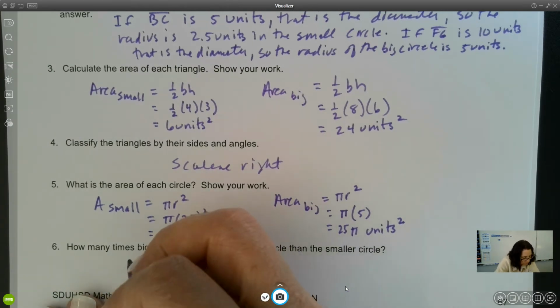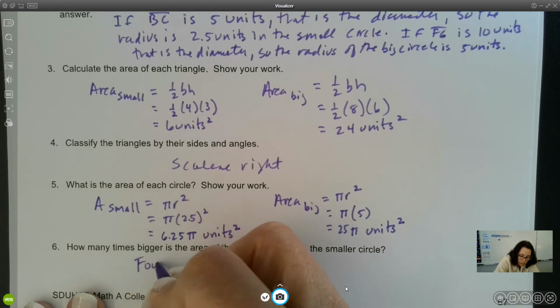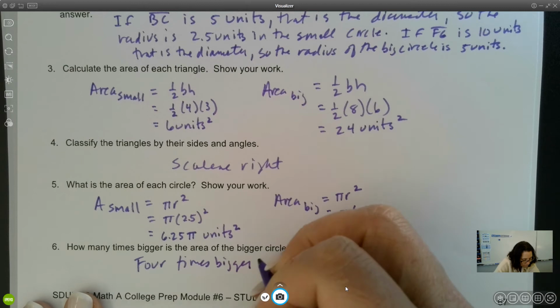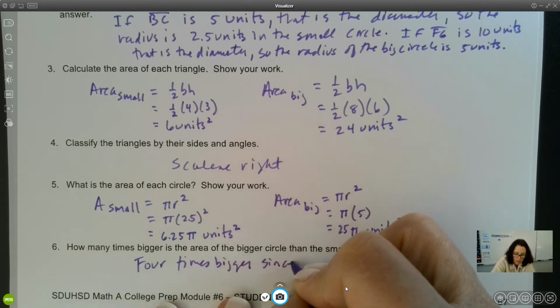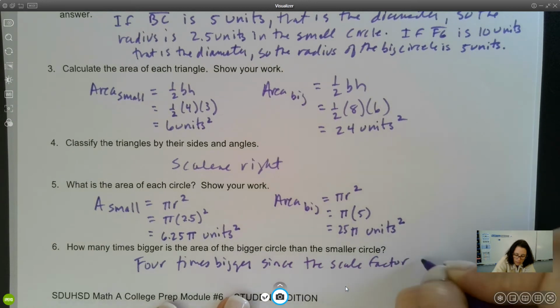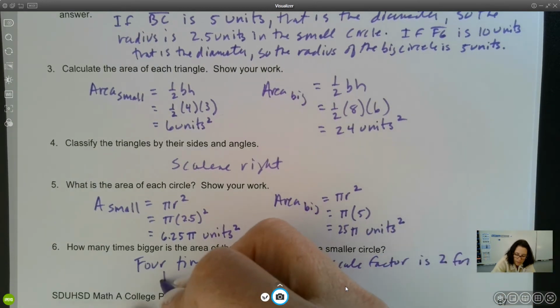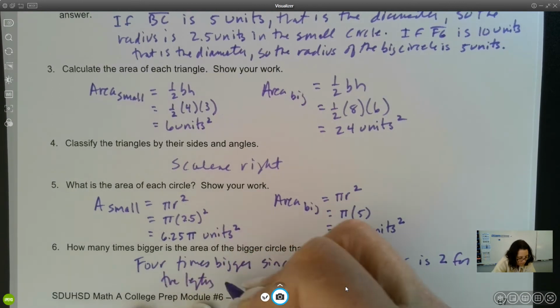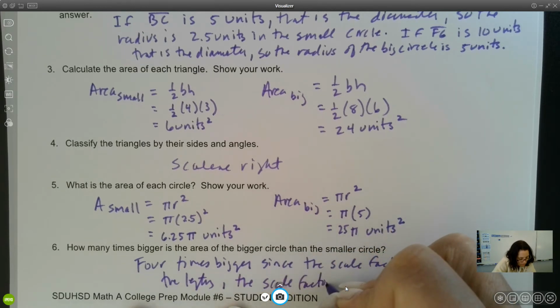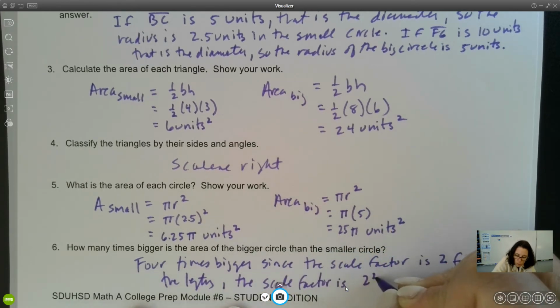So 4 times bigger, since the scale factor is 2 for the lengths, and the scale factor is 2 squared then for the area.